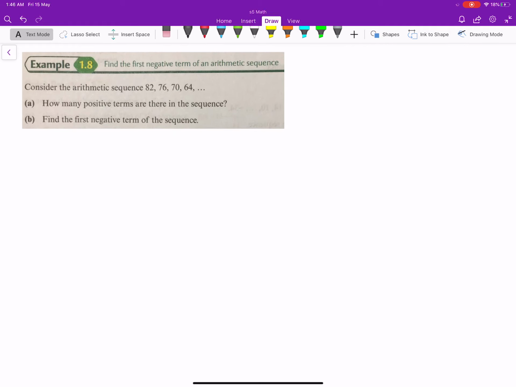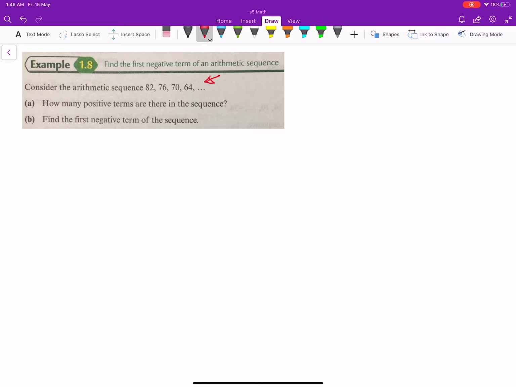This is a little bit similar to example 1.6, but okay, we need some more skills, even in the inequalities. So now consider the arithmetic sequence. We have a sequence again. Now, how many positive terms are there in the sequence? First of all, when you look at the sequence, you find that it is decreasing, right?